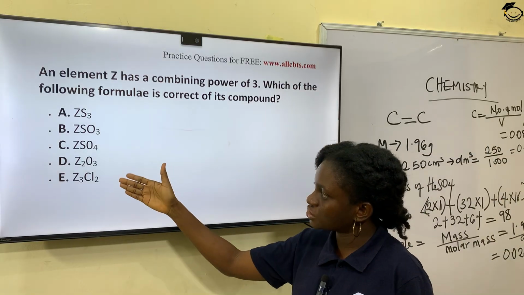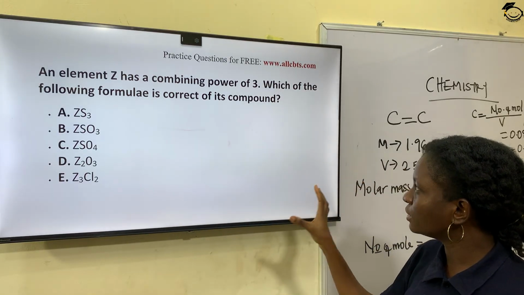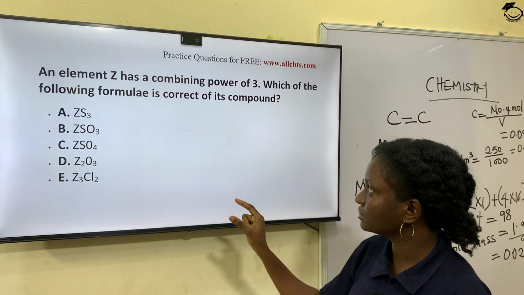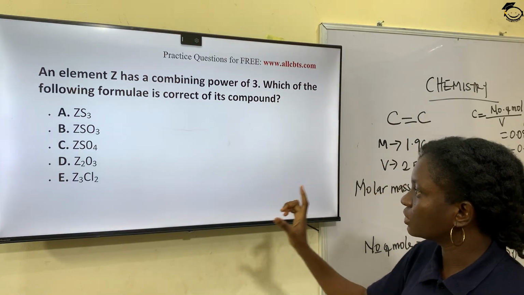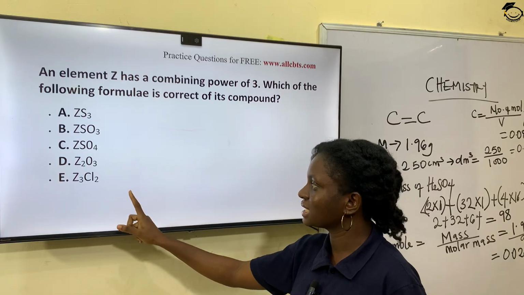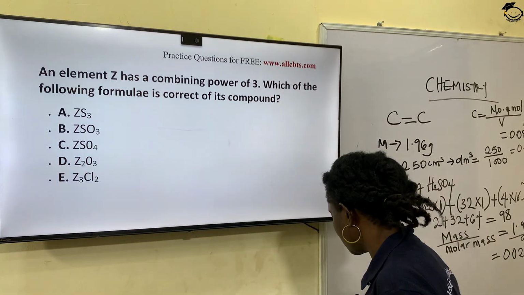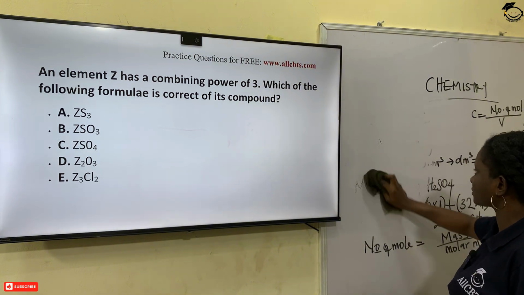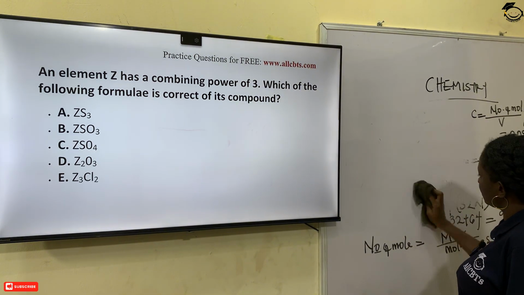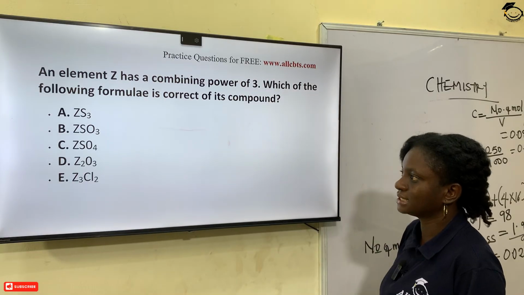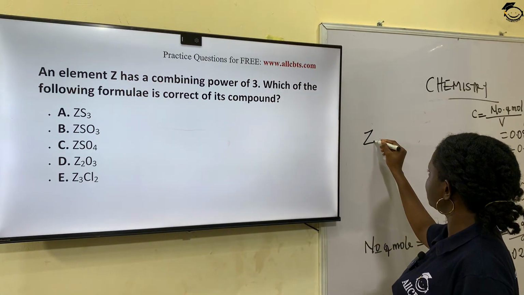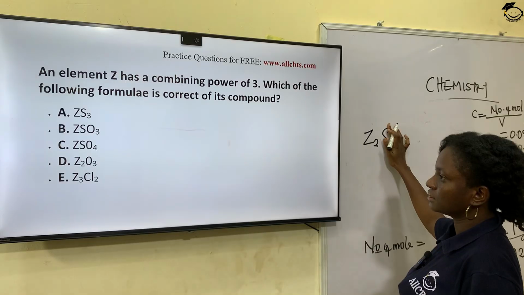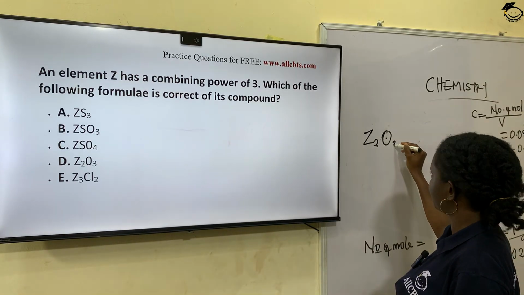Looking at these options, the only formula that is correct is option D. So let's verify it. For option D, we have Z2O3.